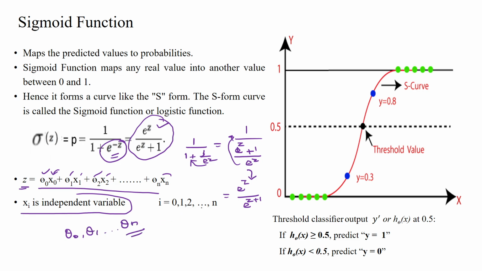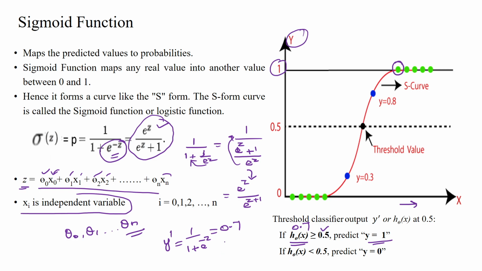Whenever our predicted value is greater than or equal to 0.5, suppose I am calculating y dash using the sigmoid function and I got 0.7. The 0.7 is greater than 0.5, so it will be predicted as 1. So for that x value, we assign the value 1 on the predicted axis.